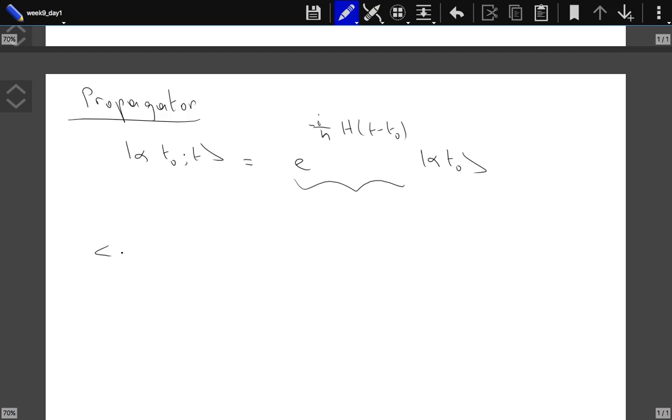And if we write the wave function at the time t, this is e to the power minus i over h bar, H (t minus t0), alpha t0.